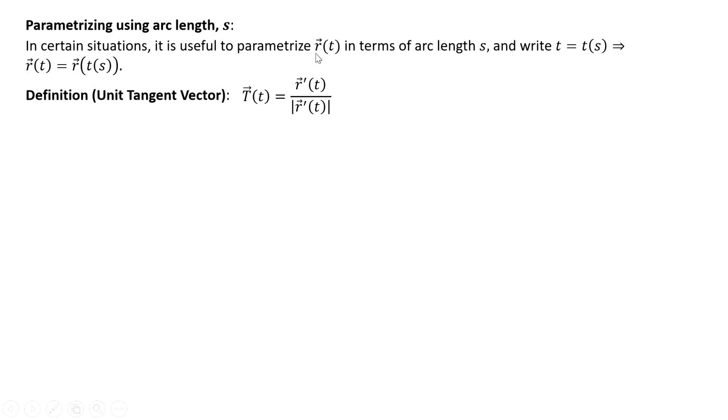We know the vector function r of t. Can we take its derivative? Yep, that's the r prime of t on the top. Then we divide that by the magnitude of r prime of t, and that's how we get the unit tangent vector. Unit tangent vector is a pretty important one.